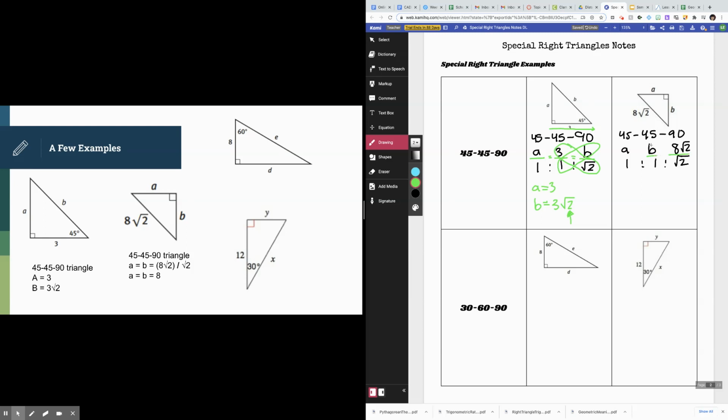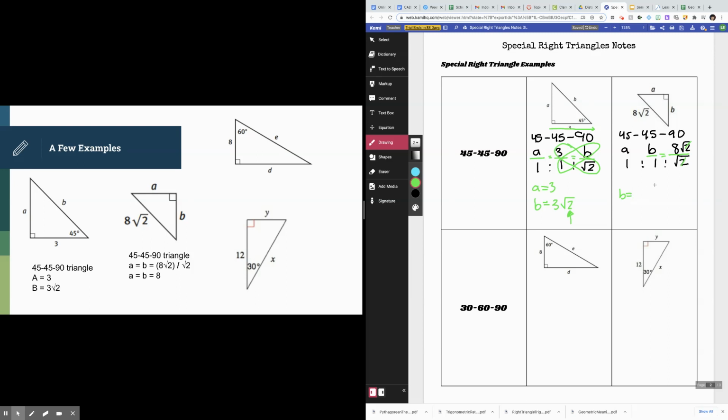So here, if I write these as fractions and set them equal to each other, see how you have B over 1 equals 8 root 2 over root 2? So the root 2's end up canceling each other out. See how you end up dividing by the value that's associated with one of these in the ratio, right? Or again, you could do the cross multiply. You end up with B equals 8.